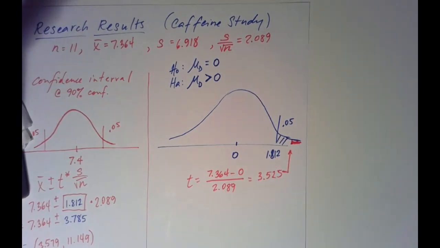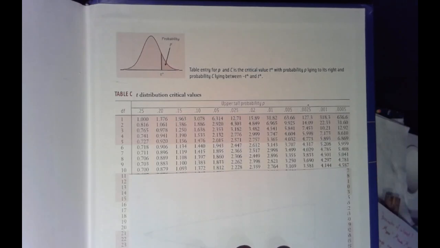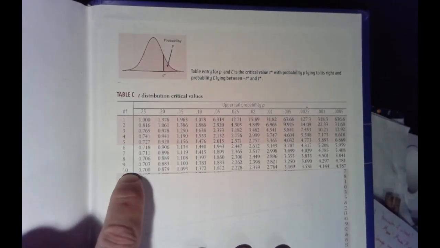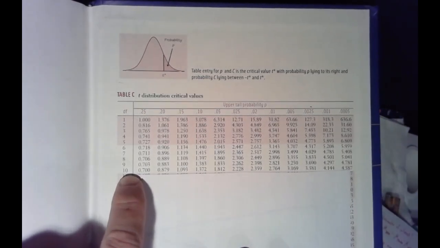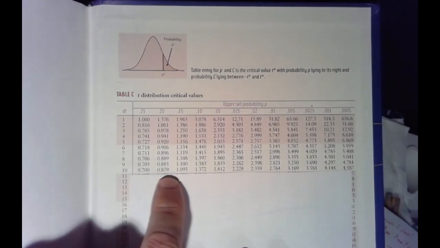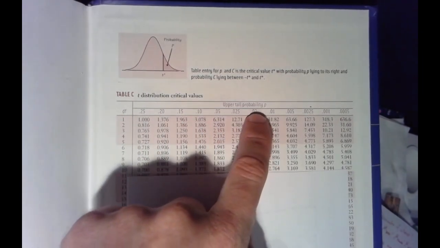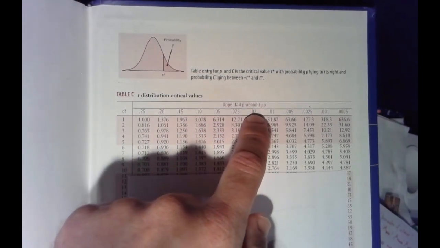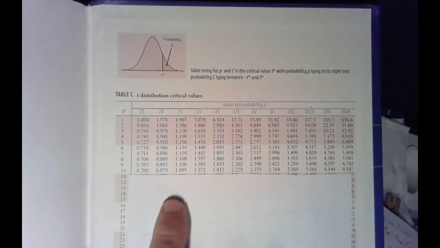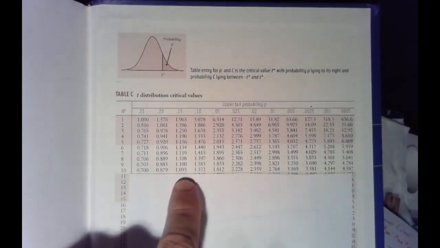Again, two methods here. The method from last assignment was just to look it up on the table. So here I have the table out again, and I'm underlining the 10 degrees of freedom. If I just keep going out here, the p-value is getting lower and lower. That is the probability in the right tail, which is what I have. And I'm just looking for that 3.525.